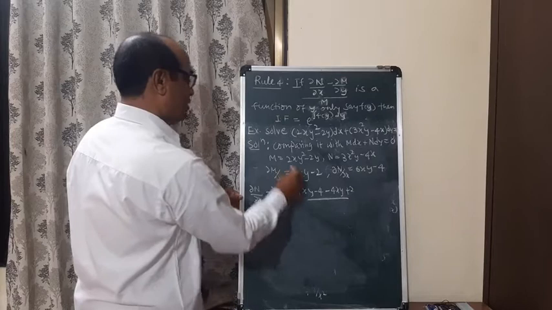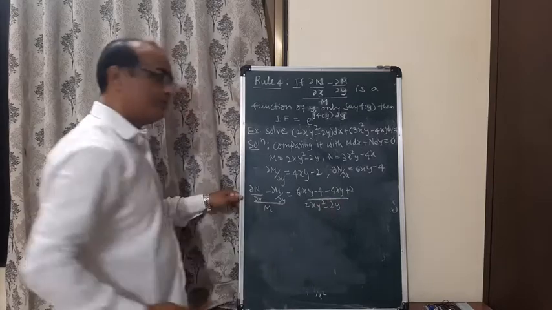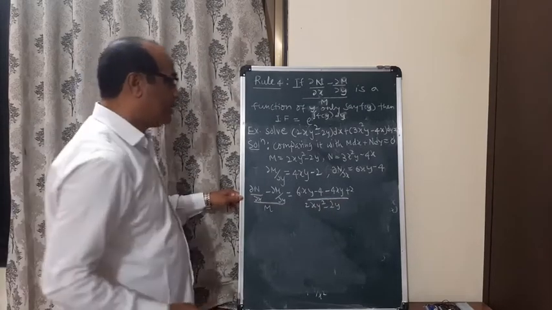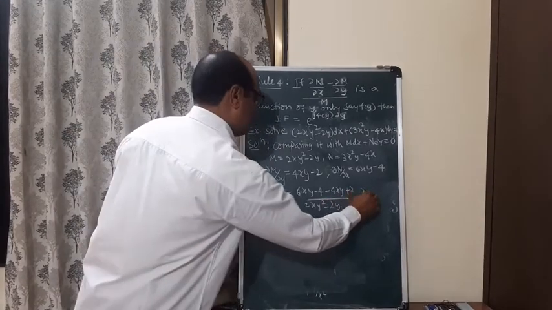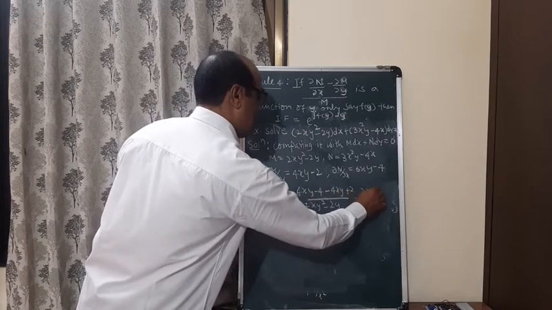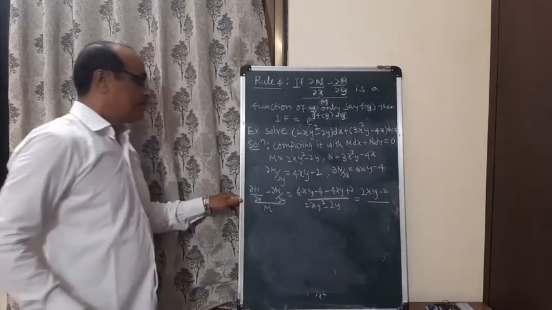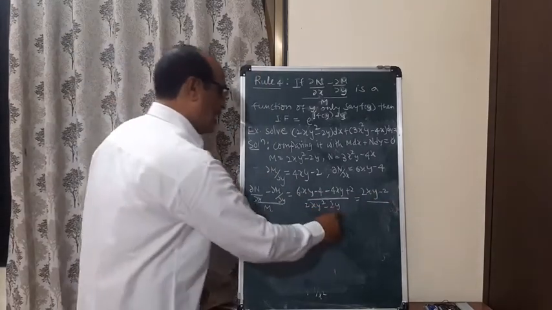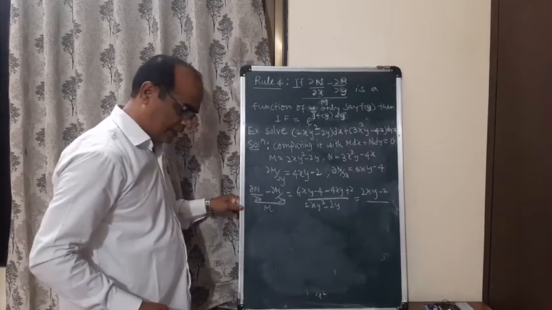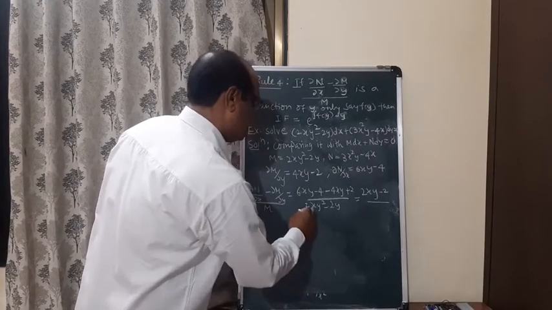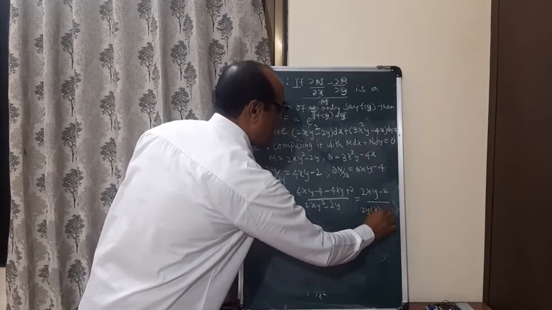What is the M here? 2xy² minus 2y. Okay. So this is 2xy, 6xy minus 4xy, 2xy minus 2, divided by. So we take 2y common here, and we get 2y times (xy minus 1).